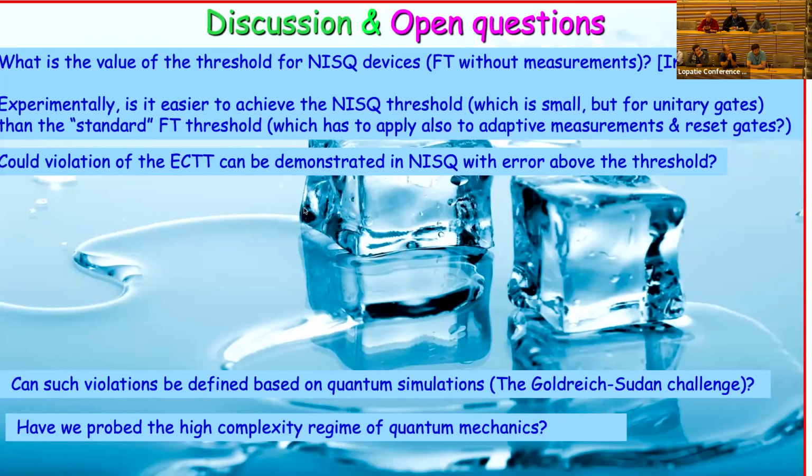We are finding it hard to go below the error rate that is required for fault tolerance. And I don't know, maybe there is a reason for that. I'm not saying that there is a reason for that, but we haven't crossed that threshold.